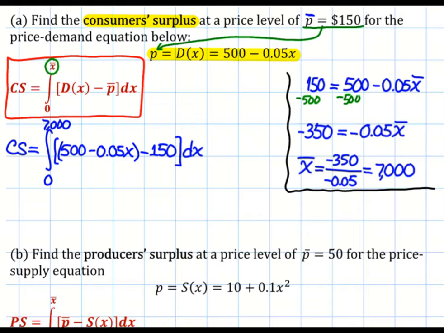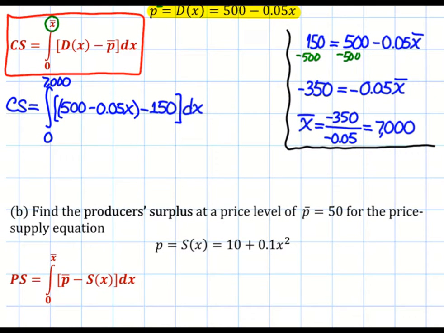So we will have 0 to 7,000. Combining like terms, 500 minus 150, that's 350 minus 0.05x dx.